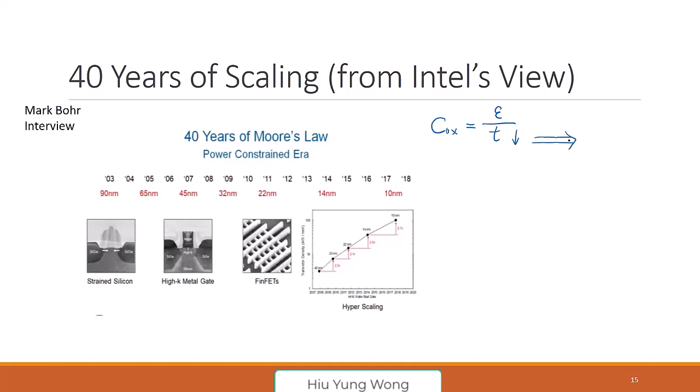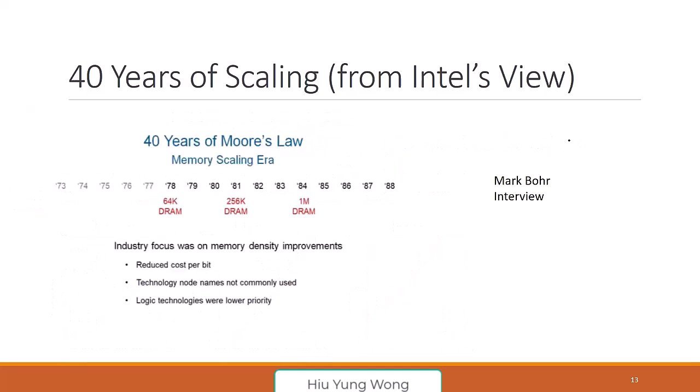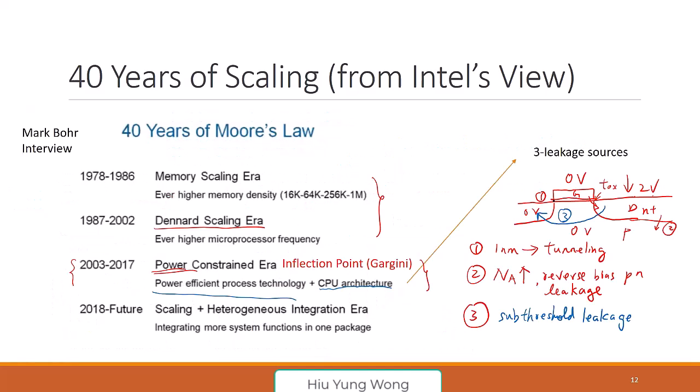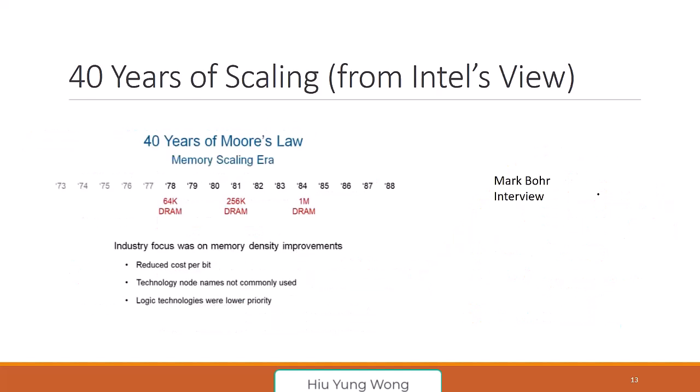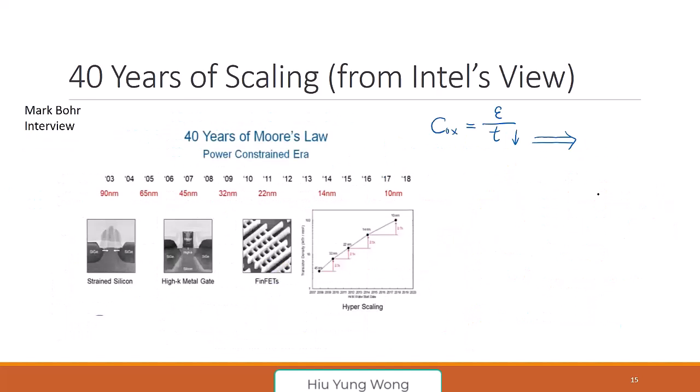When the thickness is smaller, what happens? We just discussed the gate oxide capacitance. What I'm talking about is the oxide capacitance. The insulator here becomes thinner and thinner. I have larger capacitance. Then what will be the problem when the thickness is very, very small?